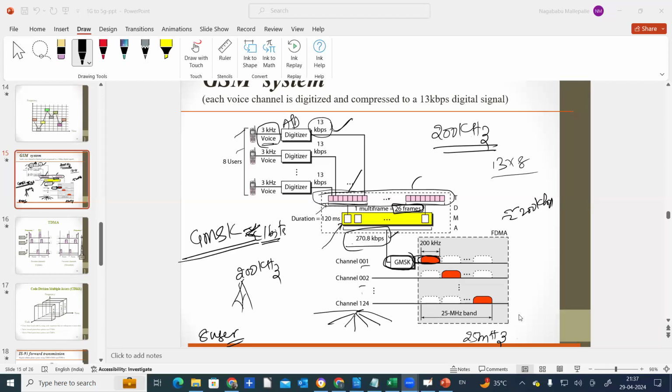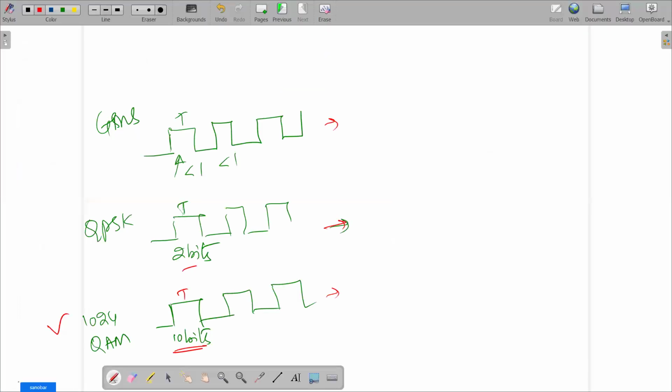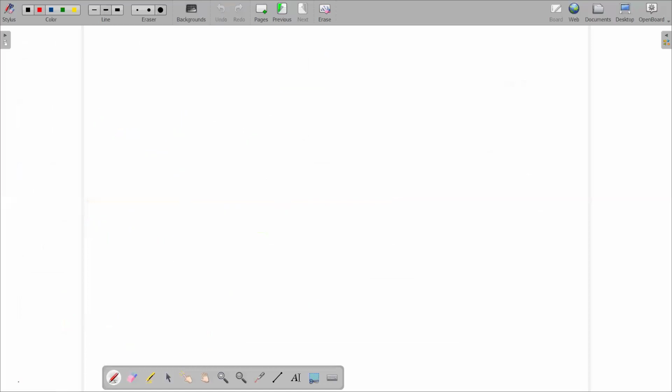Right. So then the leftover 2G, one more standard is there, that is CDMA. All the technologies, you can say 4G, 5G upcoming, are actually based on CDMA.